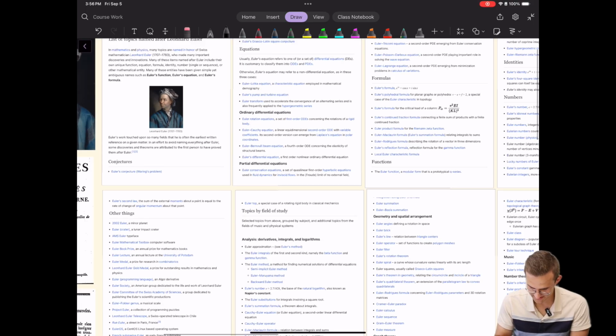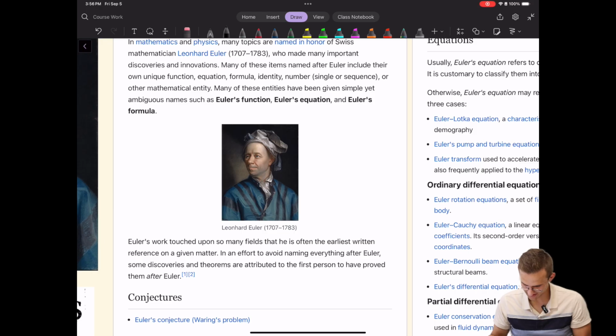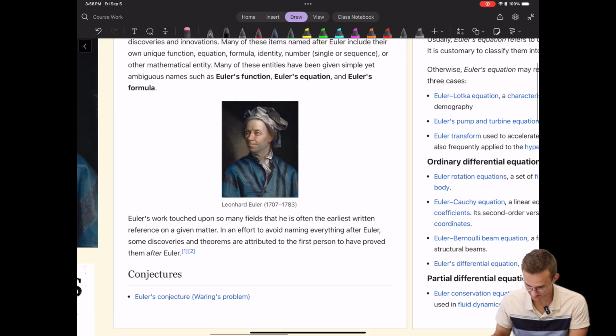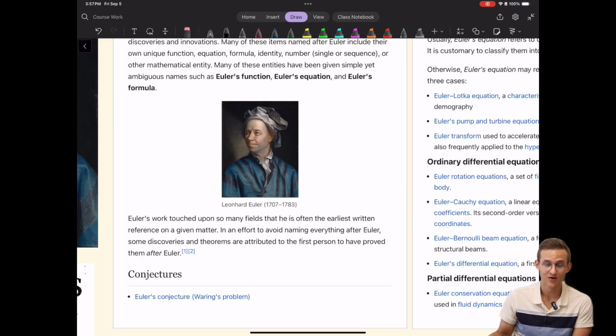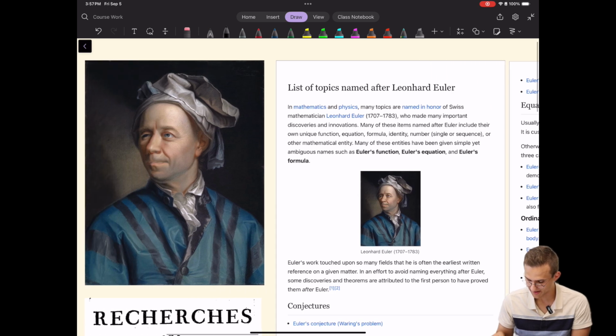And I find this passage from the Wikipedia article really funny, where it says that his work touched upon so many fields that he is often the earliest written reference on a given matter. In an effort to avoid naming everything after Euler, some discoveries and theorems are attributed to the first person to prove them after Euler. So you really can't touch this man in terms of impact on mathematics.